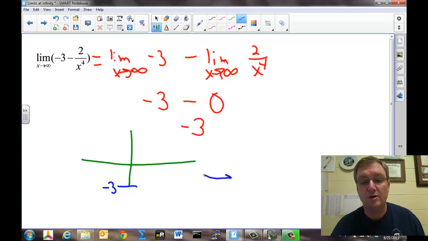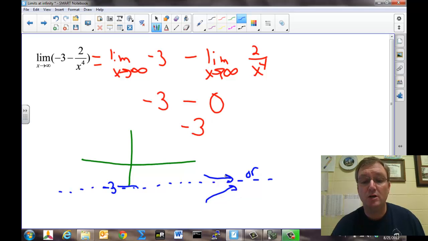So we know that the function's either going like this, in which case we have a horizontal asymptote at y equals -3, or the function is going like this and coming up from below. But one of these cases has to be true. It's either looking like this or this.